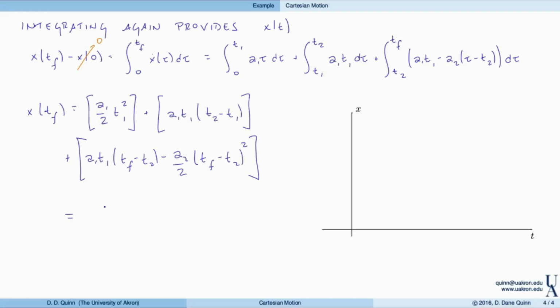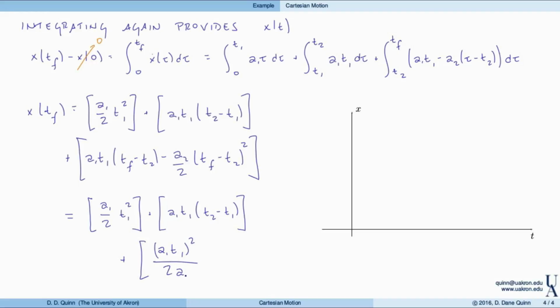And if I do a little bit of algebra and simplify, I can write this as a1 over 2 t1 squared plus a1 t1 times t2 minus t1. And then this last piece can simplify to a1 t1 quantity squared divided by 2a2.